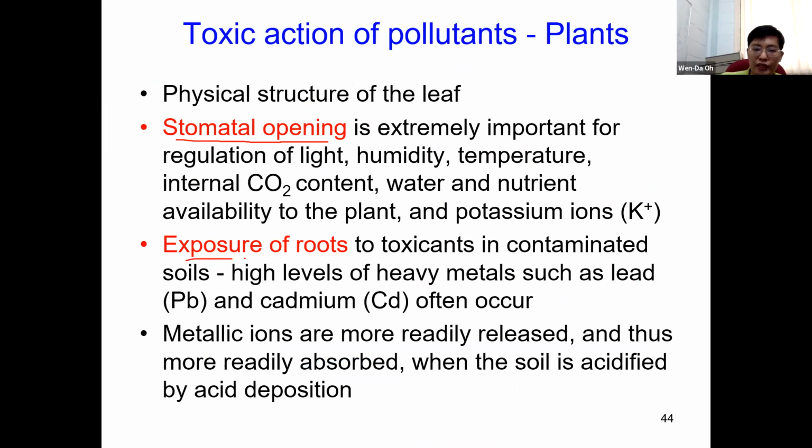Exposure of roots to toxicant is very crucial because it can cause chronic and acute effects, and it's easily done. Because when you have roots absorbing, you're actually absorbing water, and water is a very suitable media for the pollutant to be transported into the plant.